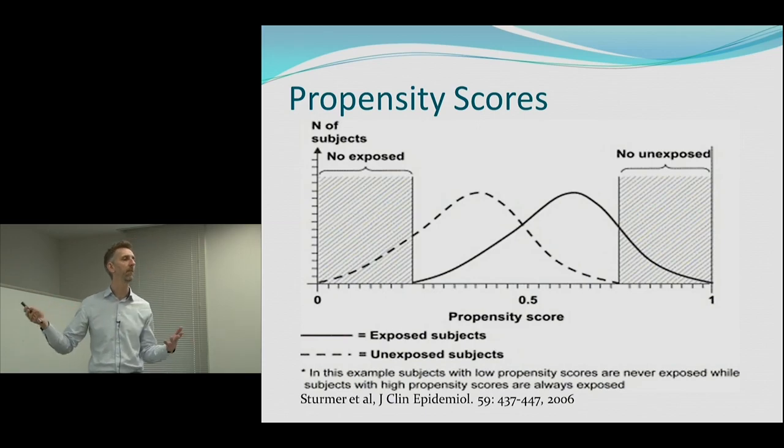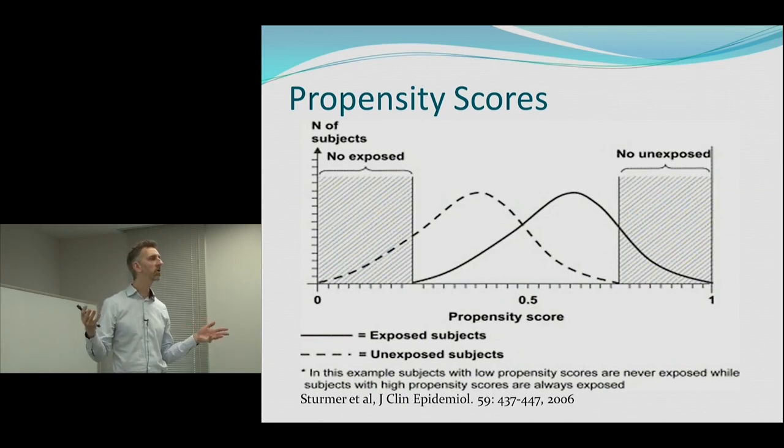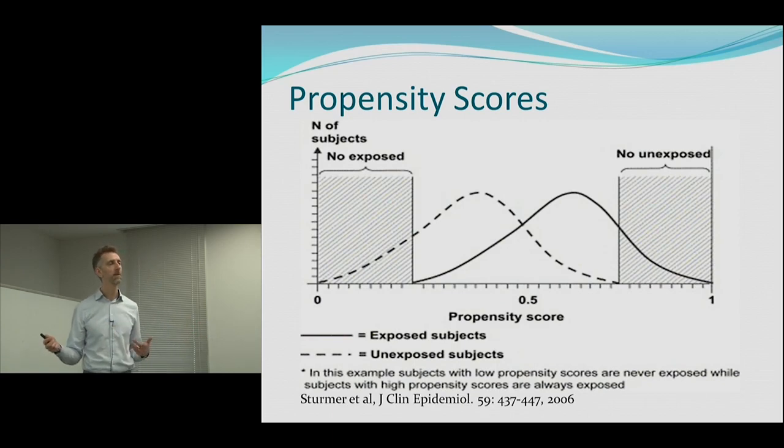As a cartoon example. So when I said at the start of the session it's very difficult to identify these unusual groups of patients, well, this is one way that you can potentially find them, by doing this propensity score and then comparing the distribution of exposures. Okay?